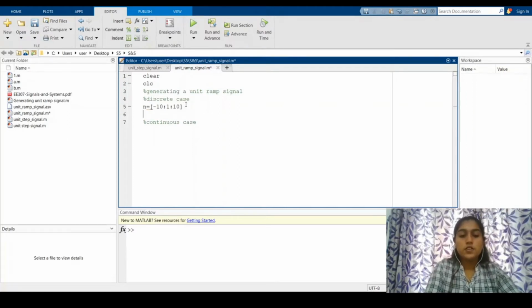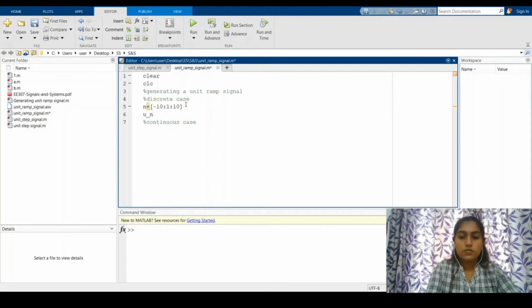Now let's give the number of zeros and ones, because for a unit step signal, when n is greater than or equal to 0, the value is 1, and when n is less than 0, the value is 0. So we can just give values of zeros and ones.